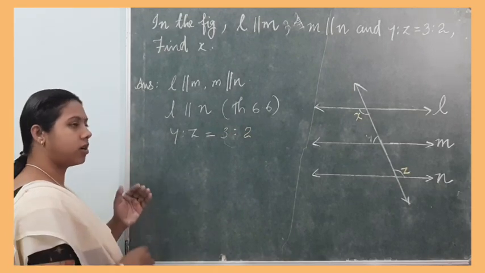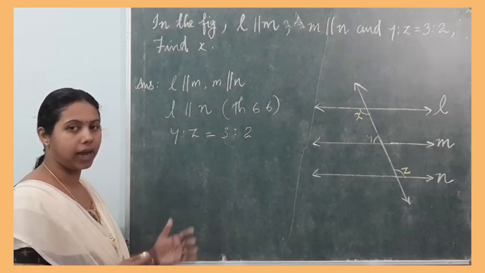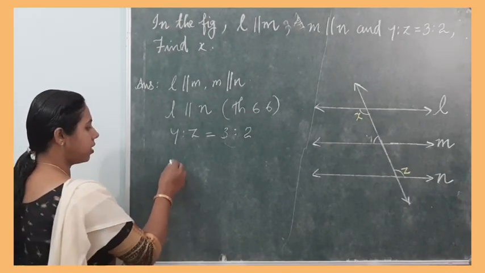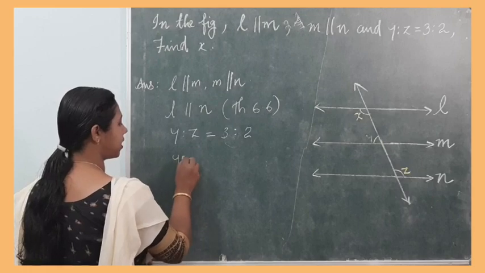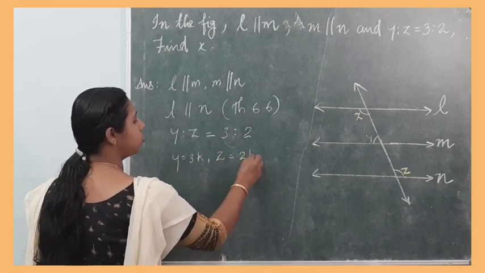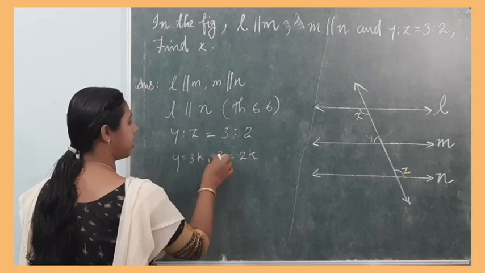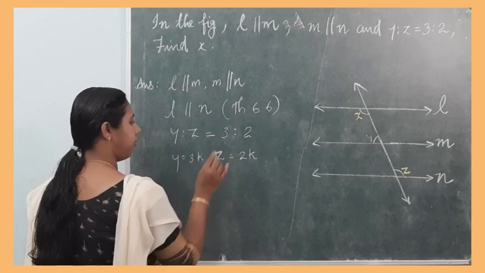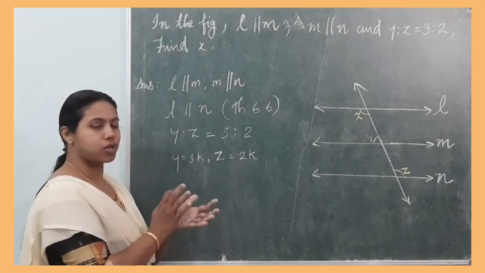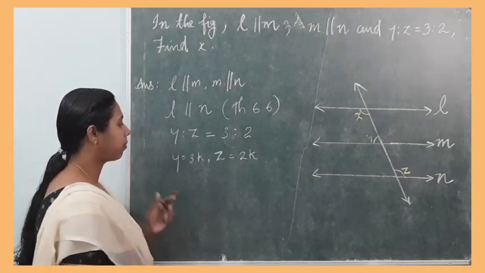That means we don't know the actual measurement of the angles, but the ratio is given. So we can take y is equal to 3k and z is equal to 2k. K is a constant value.